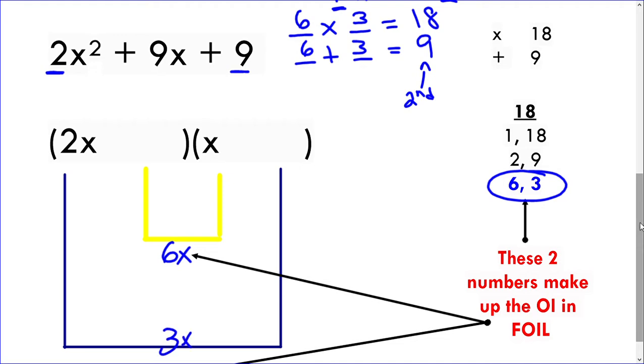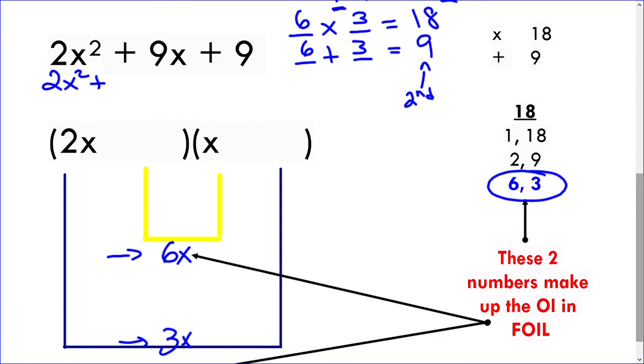And so here's how we would solve it, putting together a couple different pieces. I'd rewrite my first term, 2x squared, and then my 9x can get broken apart into these two terms that we just found, because 6x plus 3x gives me 9x. That's the outside-inside part.